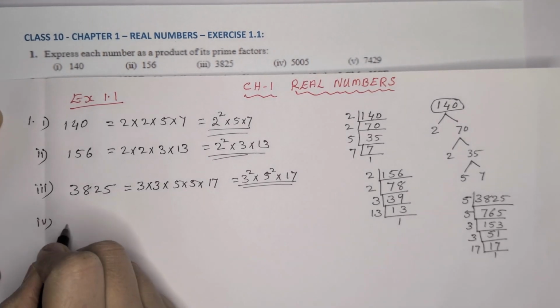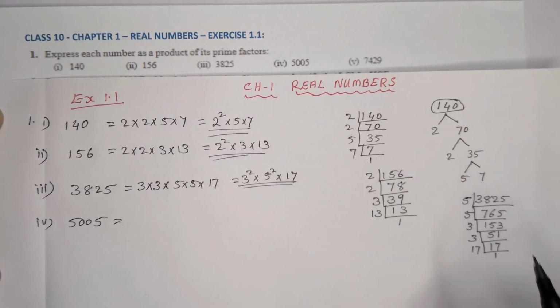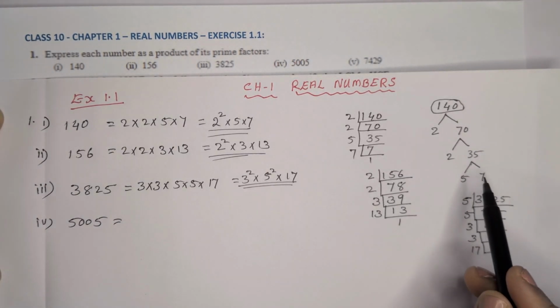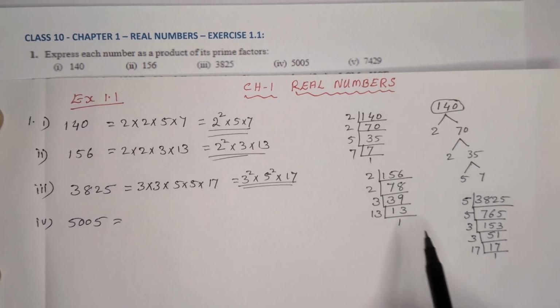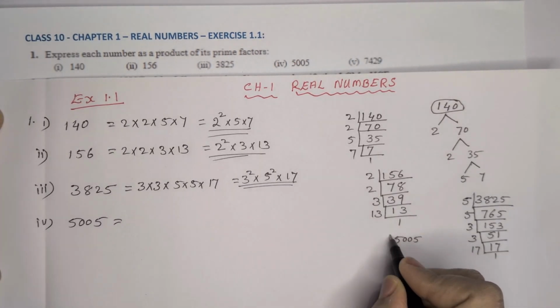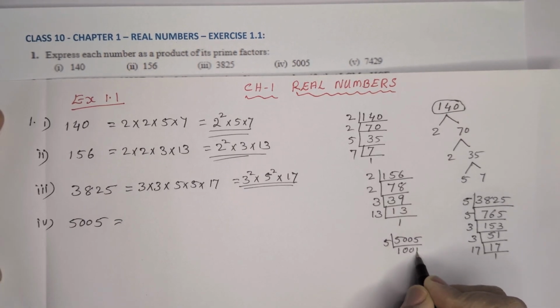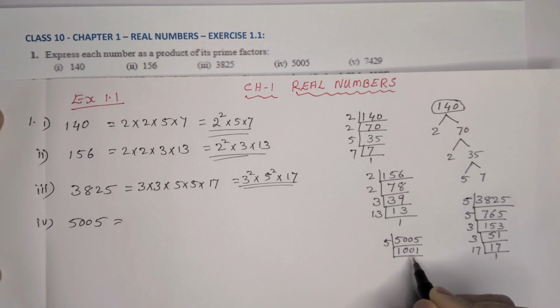Next one, 5005. We can do any one of these methods, prime factorization by the factor tree method or by prime division. Here 5005, we can divide by 5. 1001. Here we cannot divide by 2, 3 or 5.